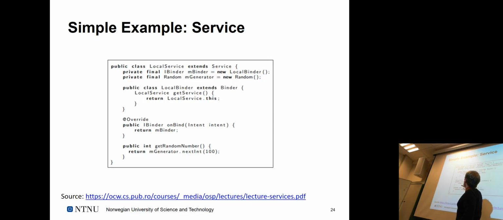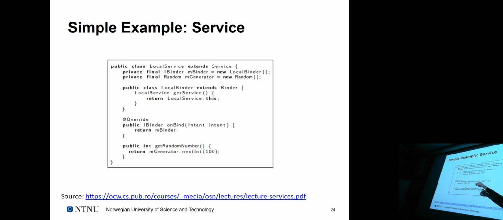Recall that you need to implement onBind anyway. Then you need to create something like a local binder, which de facto is just a singleton that returns the local reference to the local service itself. And on bind, you just return the reference to the local binder.